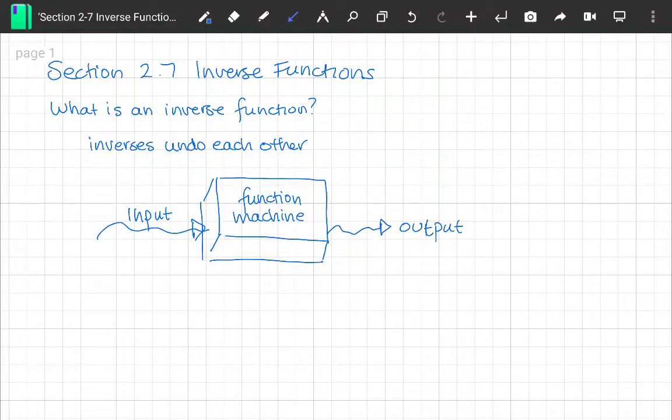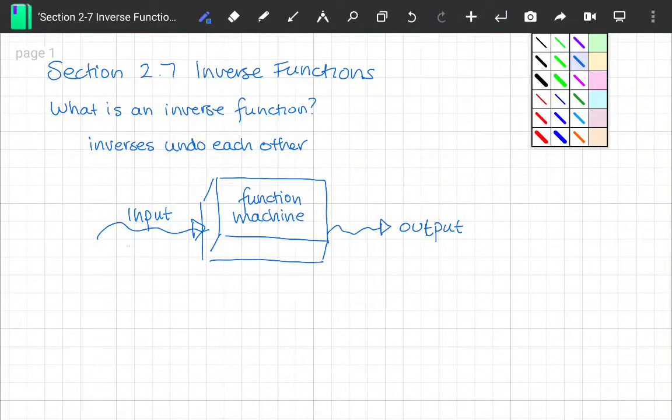And then the idea of the inverse is we can go backwards. You can start with the output, put it into the function machine, and come back to the input. We're used to the input being the x values and the output being the y values.